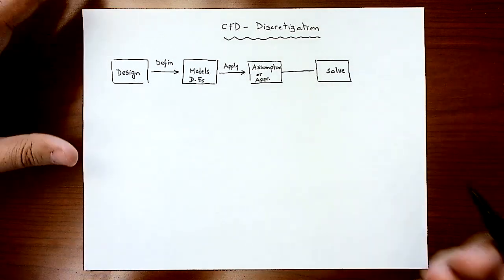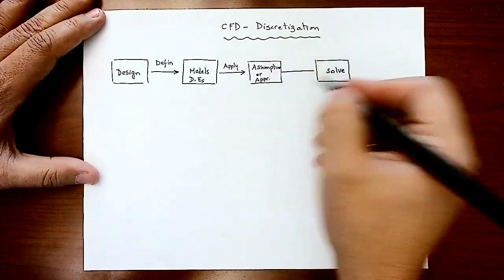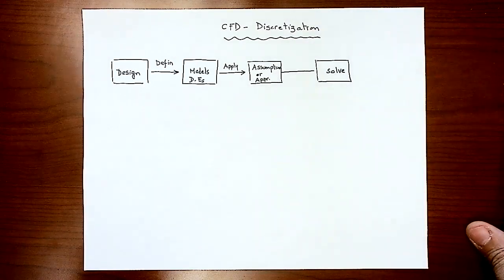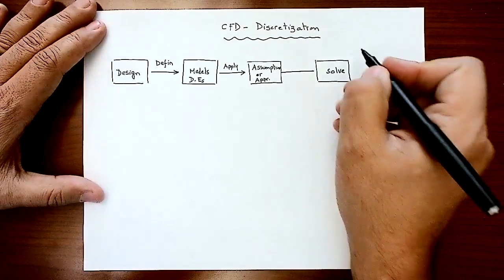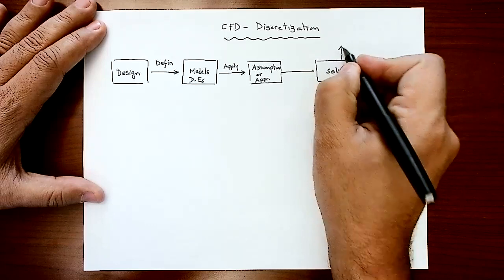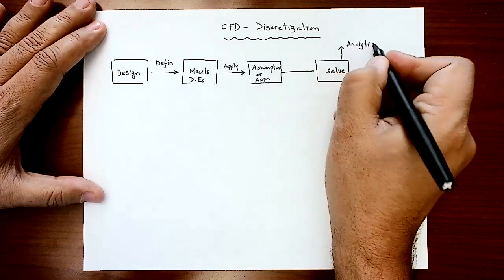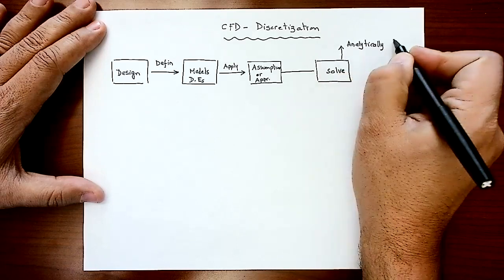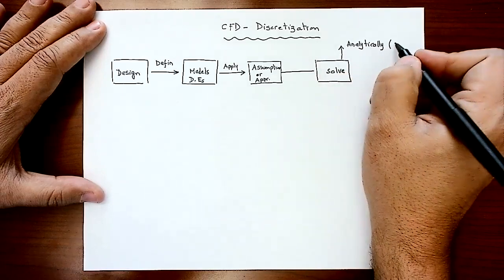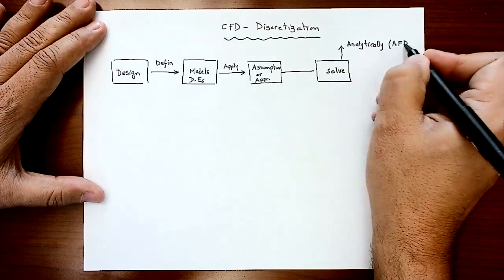That's in practical, right? So after you do the approximation, you're gonna solve that equation. And we have different approaches of solving that equation. You could do that analytically, right? This is the analytical fluid dynamics.